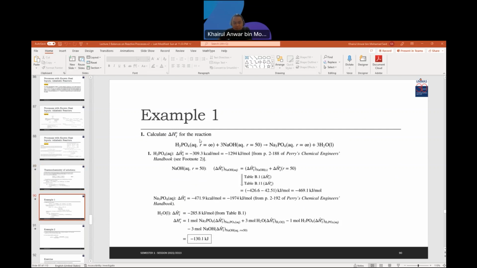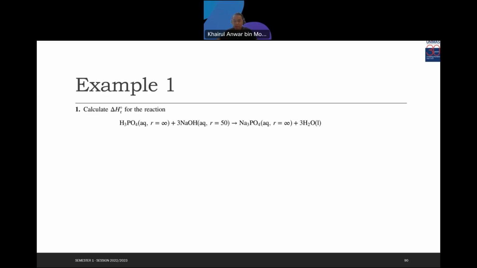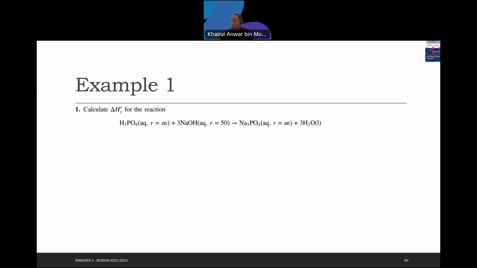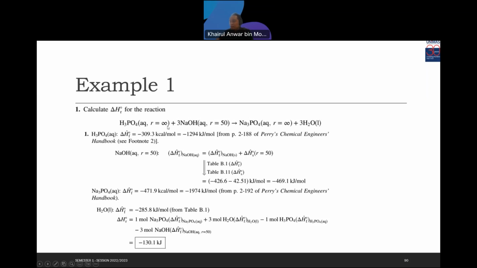Example 1, calculate delta HR for the reaction H3PO4 dilute plus 3 NaOH with r equal to 50.